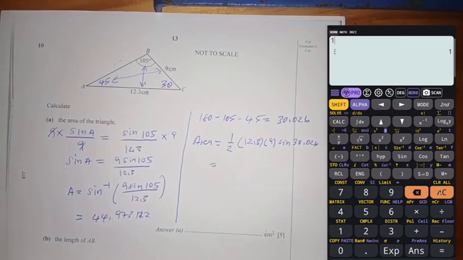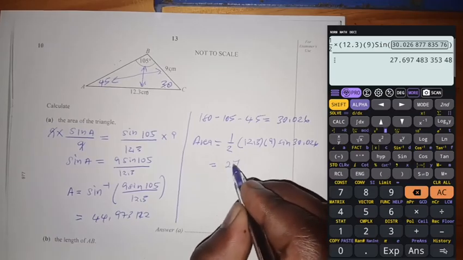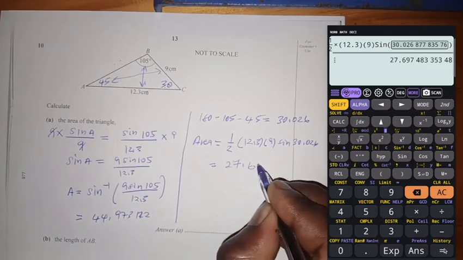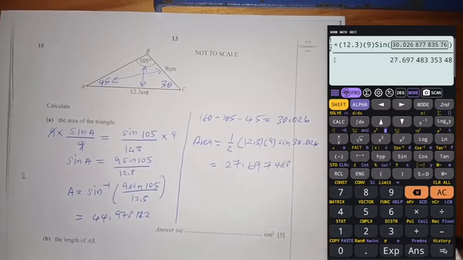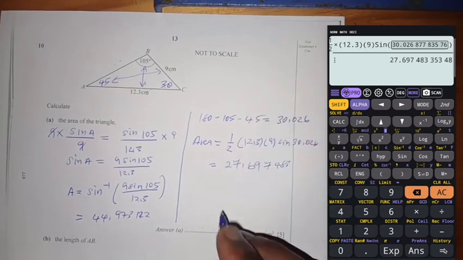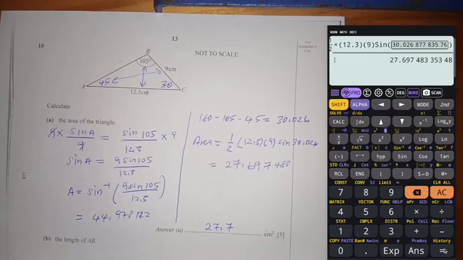So now I'm having half times 12.3 times 9 sine 30.026 there. And the area I'm getting is 27.697483, as you can see from the calculator there. So the area is 27.7 centimeters squared.